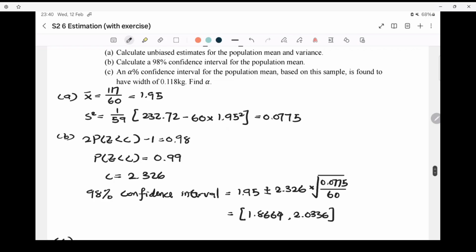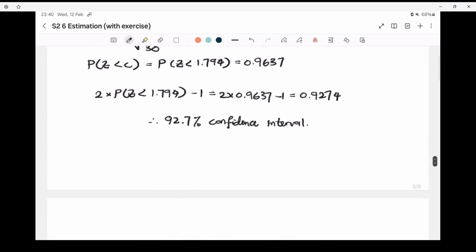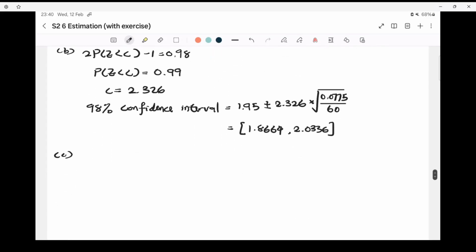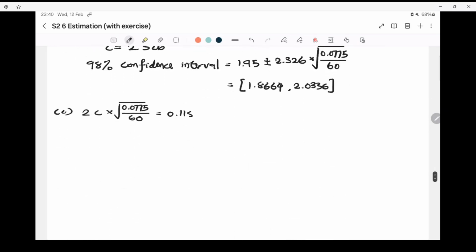An alpha percent confidence interval for the population mean based on the sample is having the width of 0.118 kg. So you know that the width is 0.118 kg. So previously we already know that this is 2 times your C and then multiply with your sample standard deviation, 0.0775 divided by 60, is equals to 0.118.